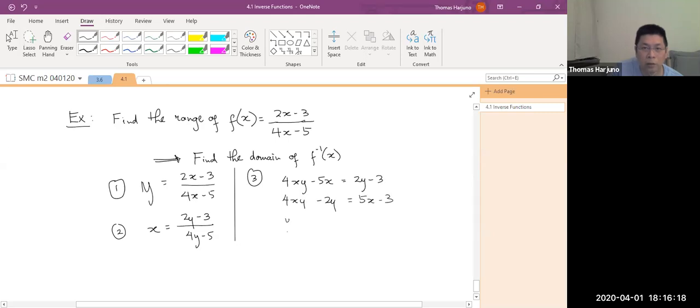Factor the y. So y equals 5x minus 3 over 4x minus 2. So the inverse function is 5x minus 3 over 4x minus 2.